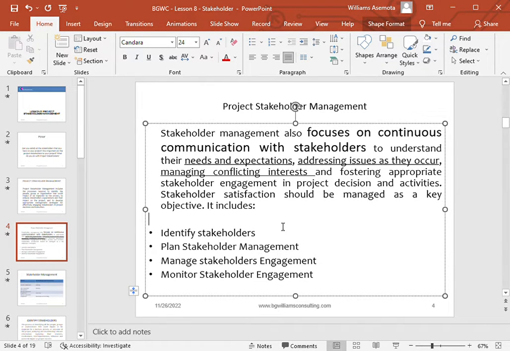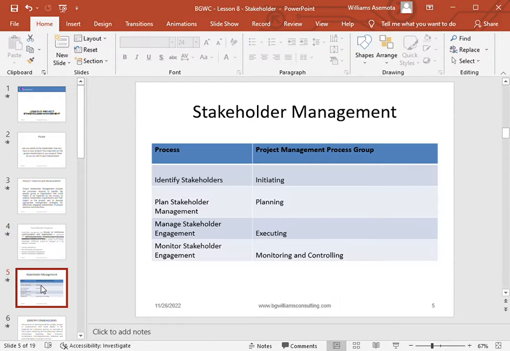Now, before we look at the project management processes, when we talk about continuous communication or continuous engagement of your stakeholders, please take note that your expectation as a project manager is that you are expected to build a good working relationship with each of your stakeholders to ensure effective and efficient engagement throughout the project.